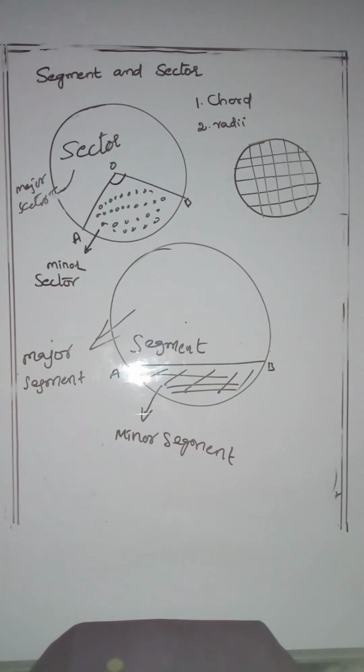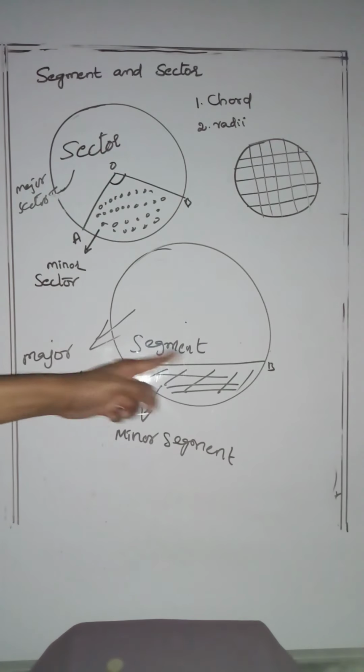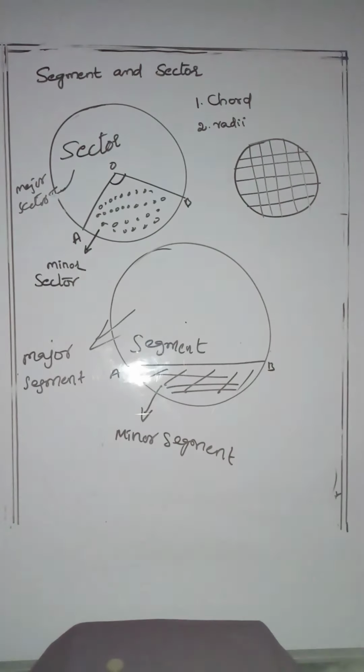So in sector and in segment, two things will play a key role. In a segment, the chord is very important. In a sector, the radii are very important, followed by the angle. Here we won't give priority to the angle. That's the reason if you join the end points to the center of the circle, you will have a triangle followed by a sector.